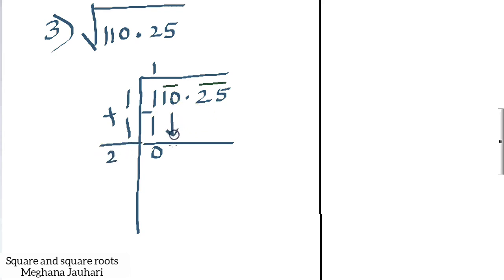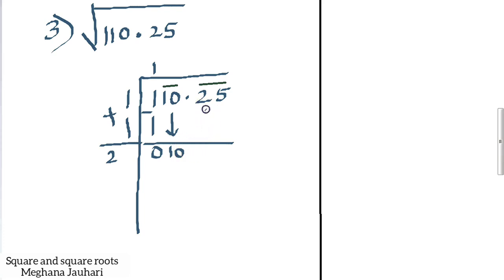Now we will bring down our next pair, that is 10. Now we are going to insert a unit digit over here, and if we add, that number will be 20 or greater than 20, right? And as we know, 10 is less than 20.